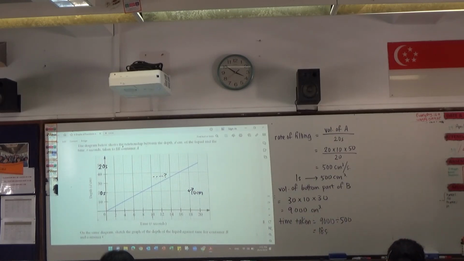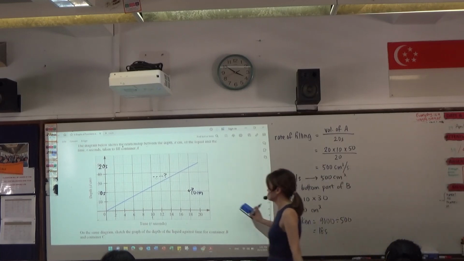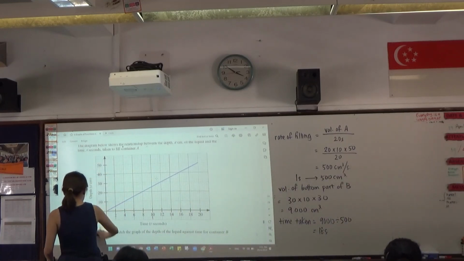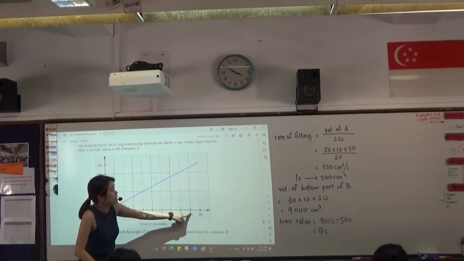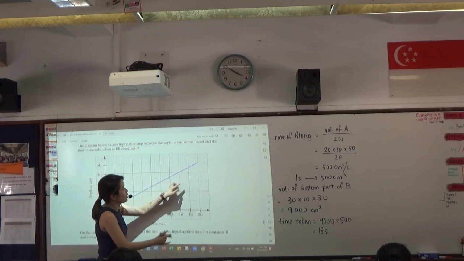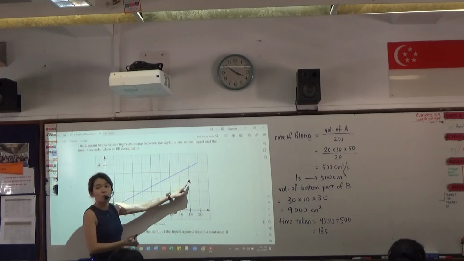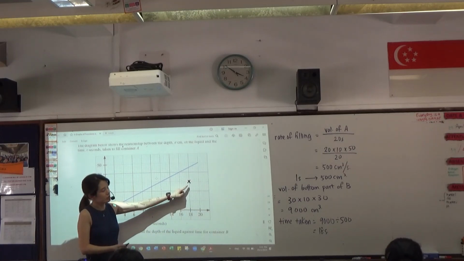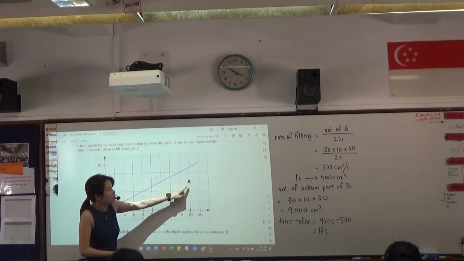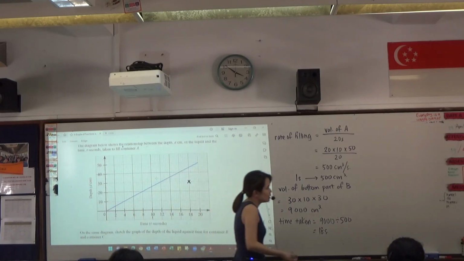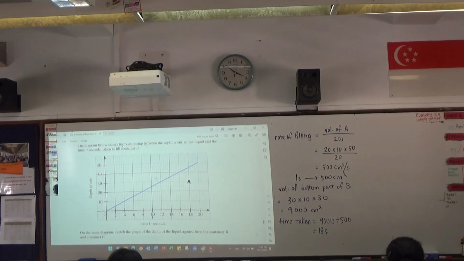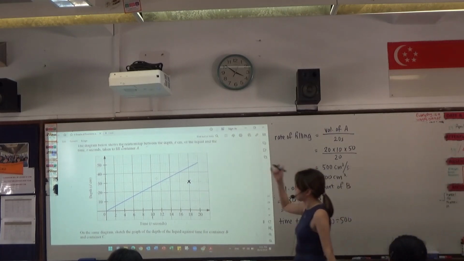let me just scroll this up. Okay? So in 18 seconds, I'm able to reach a height of 30 cm for container B. So this is one point that will be important. Okay? Then after that, reach a height of, what was it, 50 cm, because the next remaining part is 15.